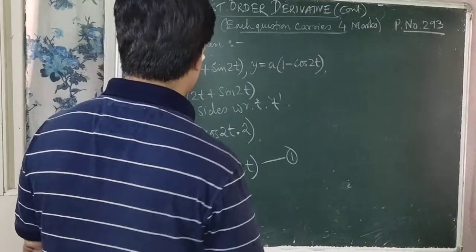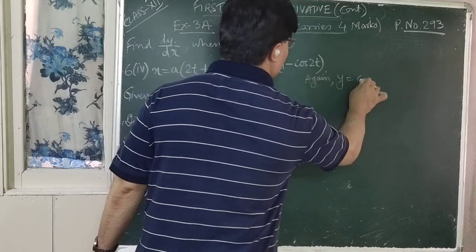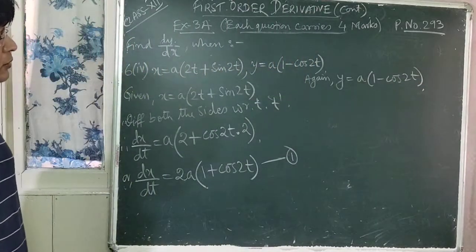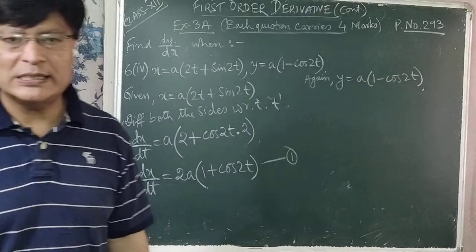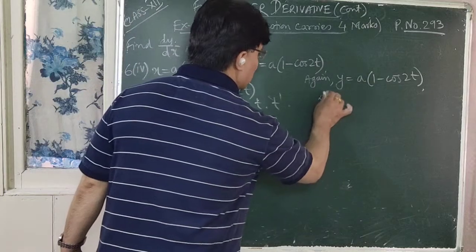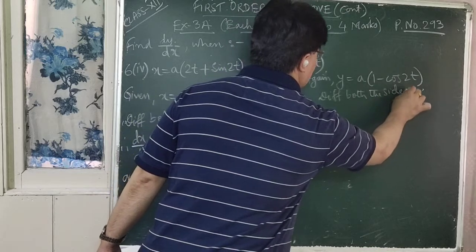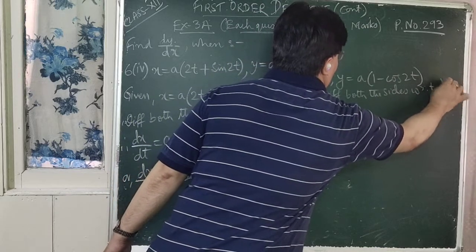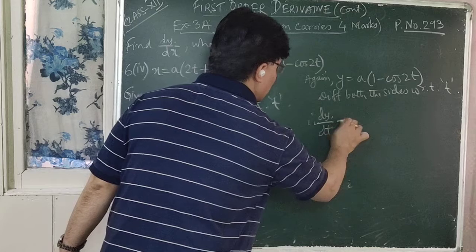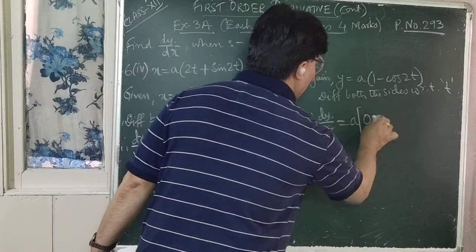Clear? So now next, again y is equal to a into 1 minus cos 2t is given. Now let us differentiate both the sides with respect to t. So therefore dy by dt is equal to a remains same, and within the bracket for 1 it is 0, minus sign is there.